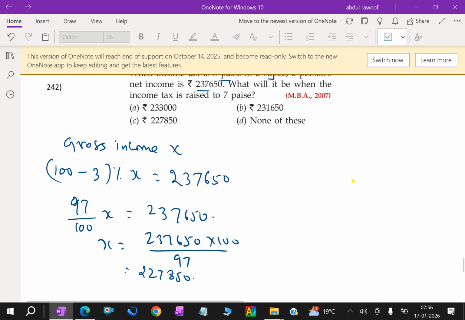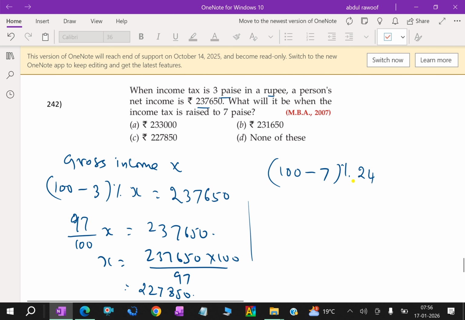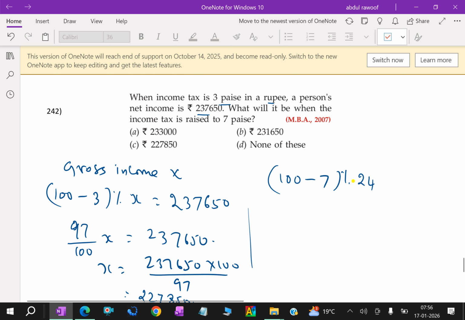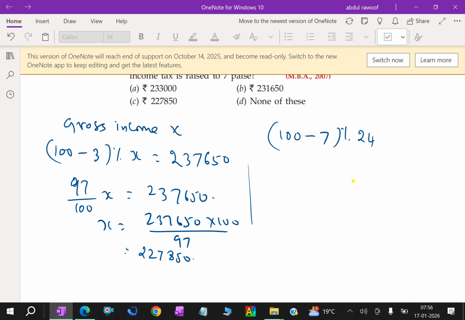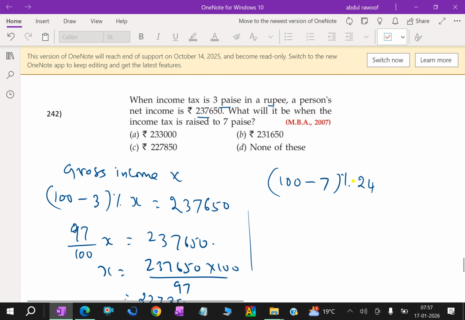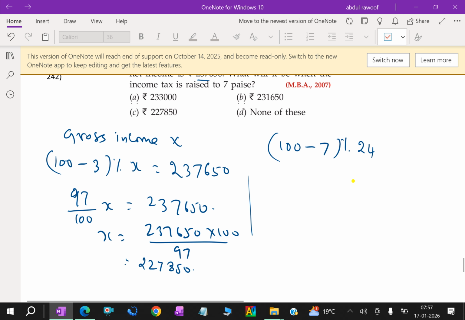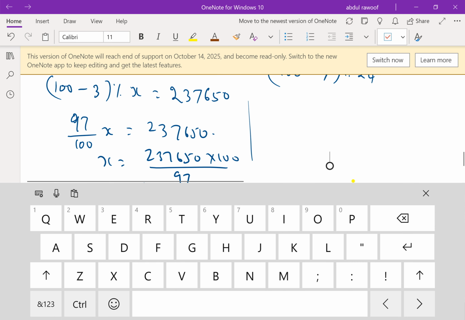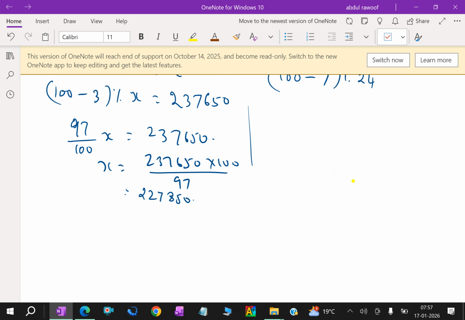Now income tax is raised to 7 paisa, which means 100 minus 7%, 93% of this original income, 245000, the x we got.